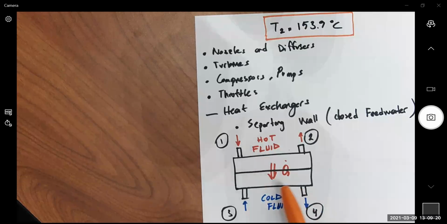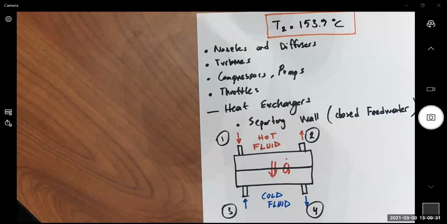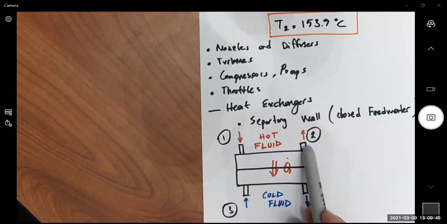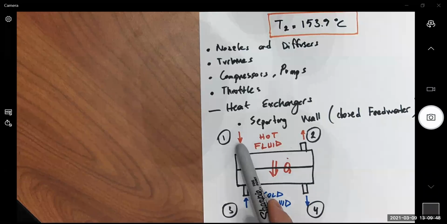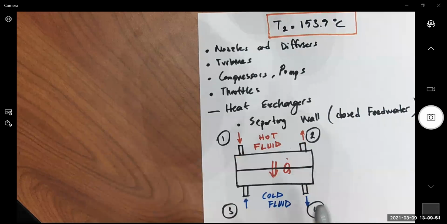Sometimes you need to find the inlet of the cold side or the outlet of the hot side, etc. Also, from a heat transfer point of view, if I switch this inlet and outlet, it affects my heat transfer efficiency. That's a design point of view.